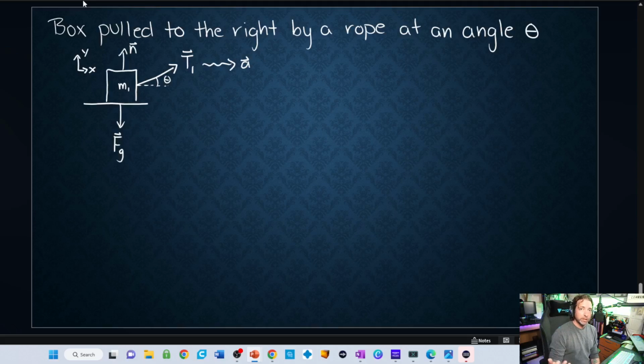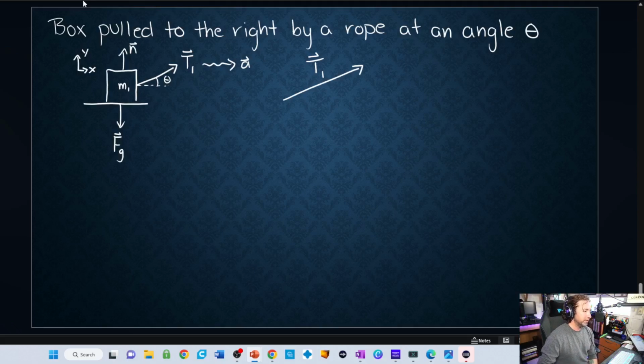So before you get started with Newton's second law, if you're not good at this vector decomposition thing, remembering breaking a vector into its X and Y components, then I suggest you do this step every single time. And what I mean is let's just redraw this arrow. So here's my T. Remember when we did this in 2D kinematics? How fast is it going in the X? How fast is it going in the Y?